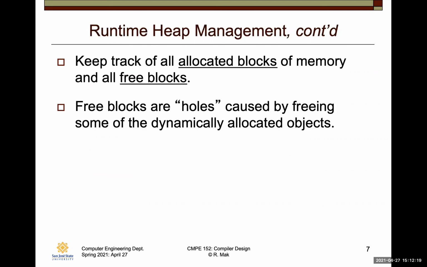Now, heap management requires keeping track of all the allocated blocks of memory. When you create an object in the heap, you've allocated some blocks of memory. There's usually some fixed size block like 4K, or the block size can vary, but usually it's a fixed size, and when you allocate an object, you'll get enough blocks for that object.